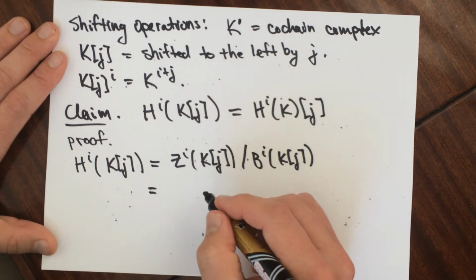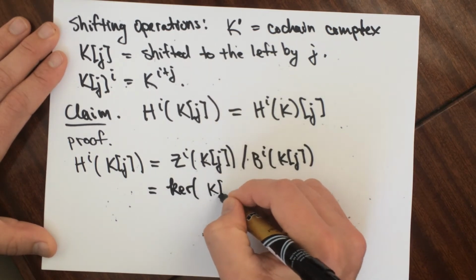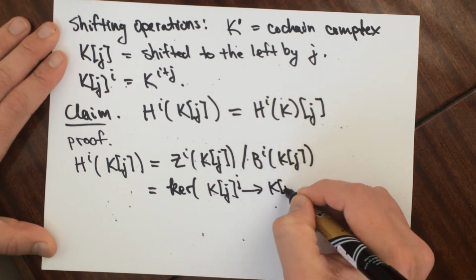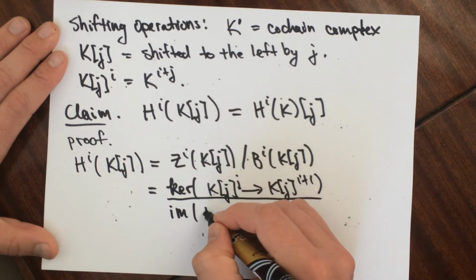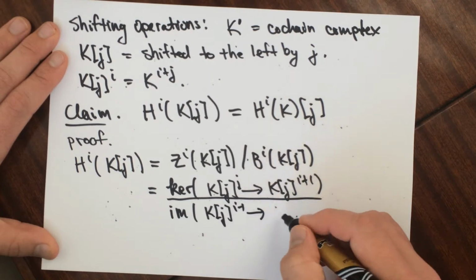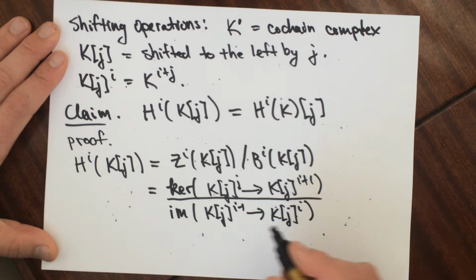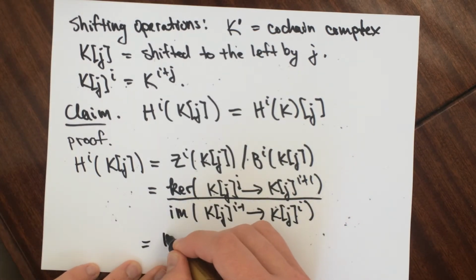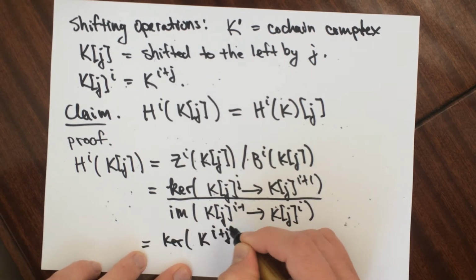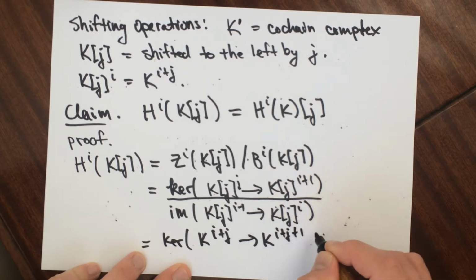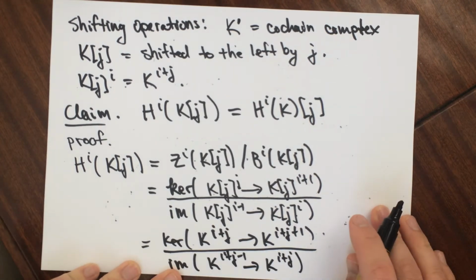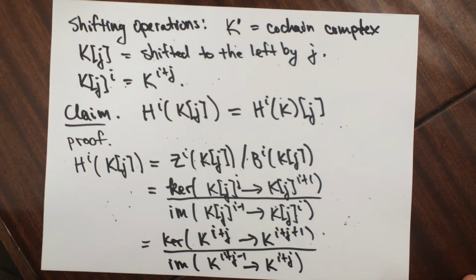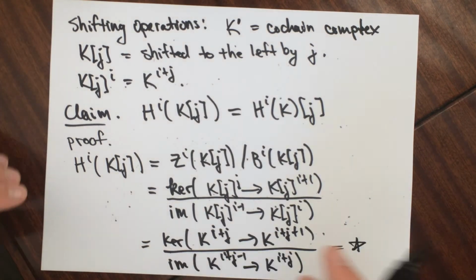The top part is just the kernel of K[j]^i to K[j]^{i+1}, and the bottom part is the image of K[j]^{i-1} to K[j]^i. Now we put in our definitions: the top part is the kernel of K^{i+j} to K^{i+j+1}, and this part is the image of K^{i+j-1} to K^{i+j}. I'll call this star, and continue on the next page.